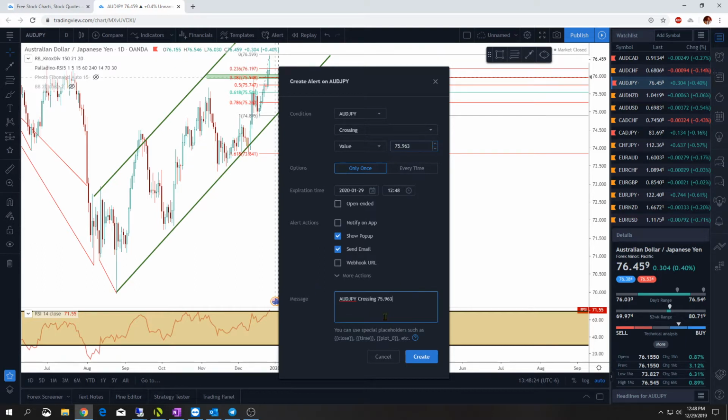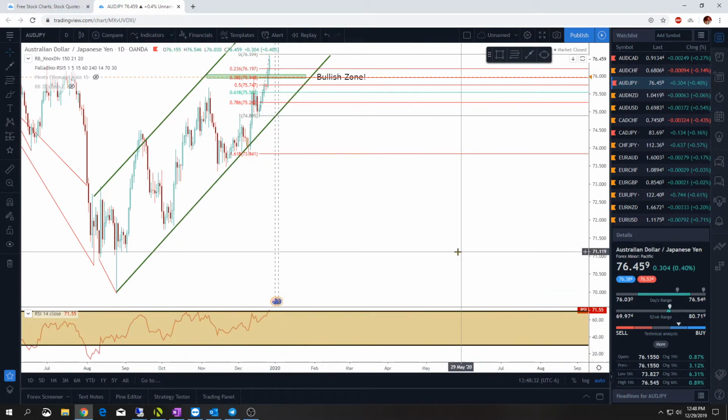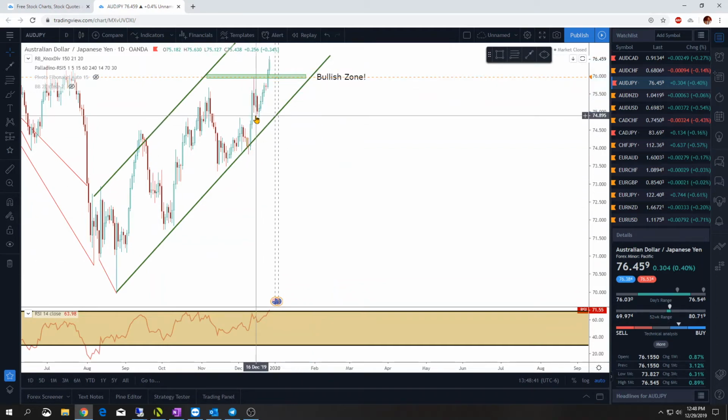Okay. And then I like to put in the notes here, looking to buy, just so if I'm out and about and get this alert, I quickly know what I was looking for. Obviously, I'm going to look at the chart and quickly realize what I was looking at, but you never know.